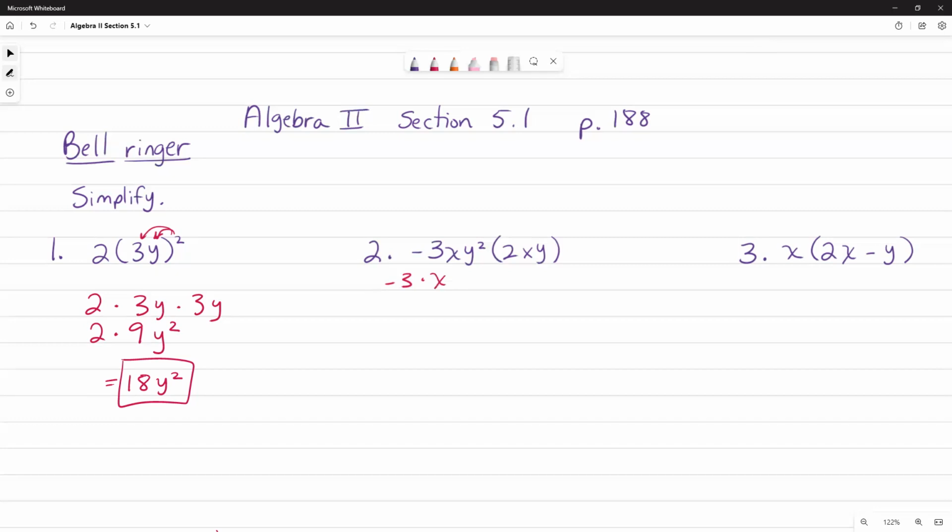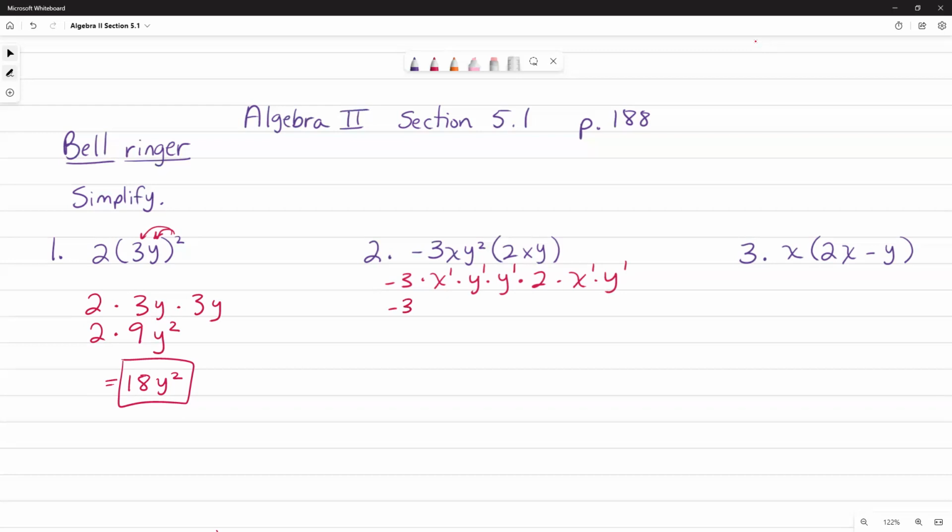Times x times y times 2 times x times y. So we use our product property of exponents. Our exponents here are 1, and whenever you multiply variables, you can add the exponents of the like variables together.